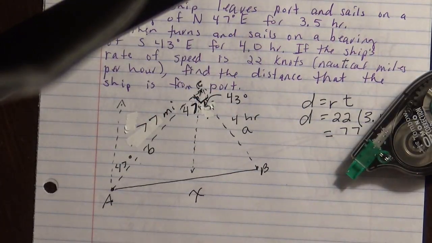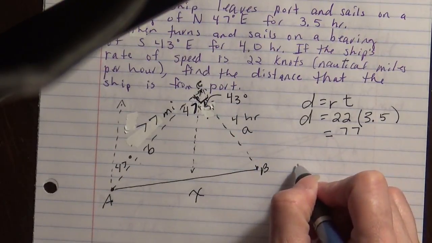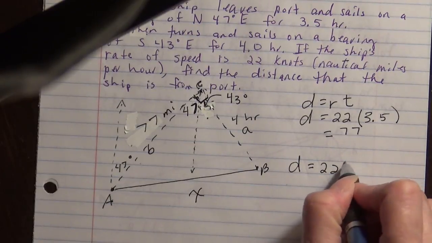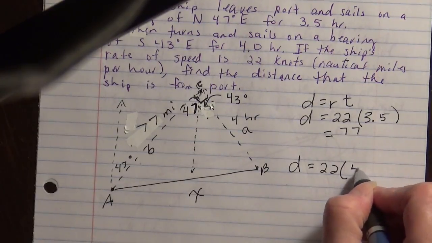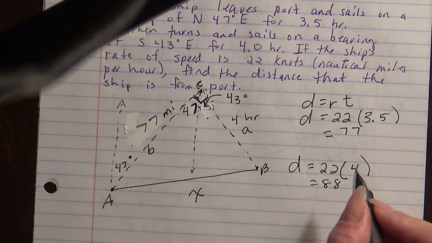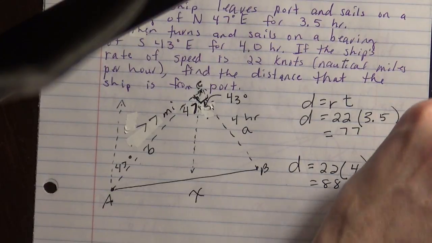Okay. What about side A? Well, its distance is going to be the rate, which is also 22 knots, times the time, which is 4 hours. 22 times 4 gives me 88. So that means side A has distance 88 miles.